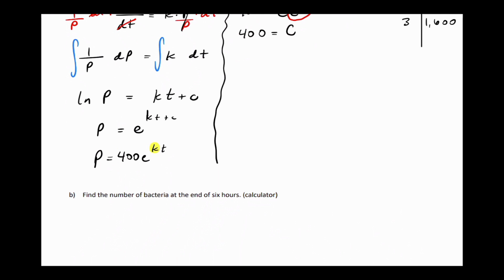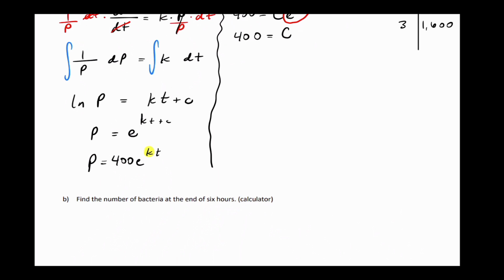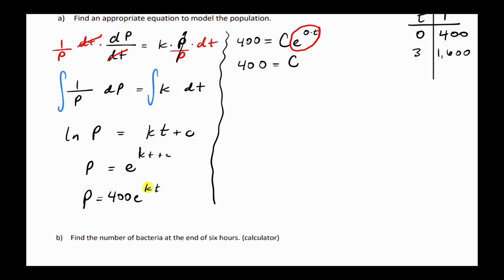Okay. All right. Now I'm going to use the other point to find K. So now I know P equals 400 E to the KT, right?